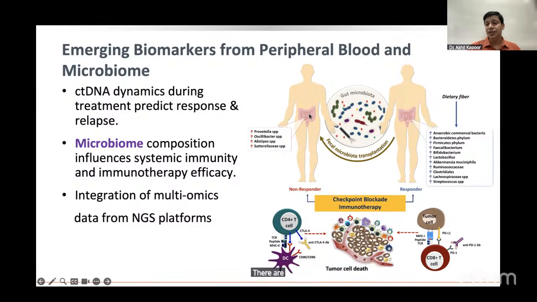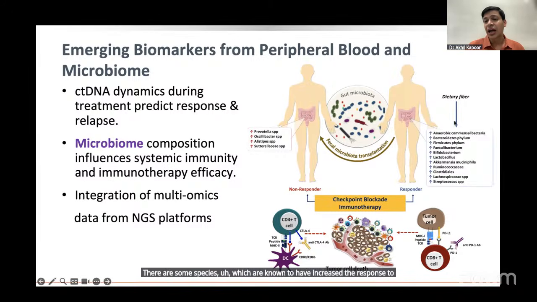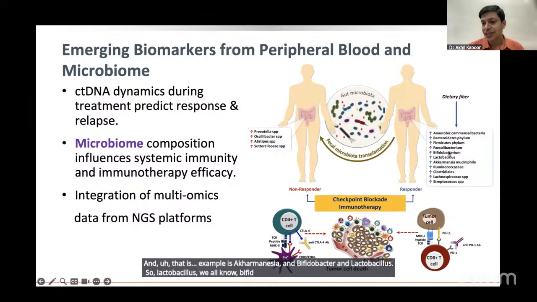There are some species known to increase the response to immunotherapy, for example Akkermansia, Bifidobacterium and Lactobacillus. Lactobacillus we all know, Bifidobacterium many of us have heard of, and Akkermansia is another very important species.